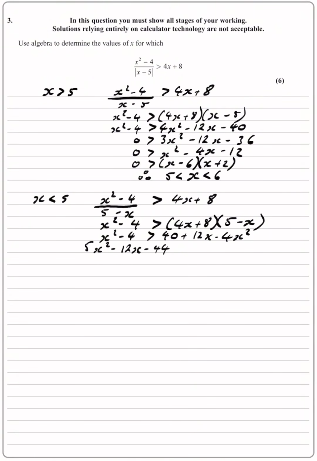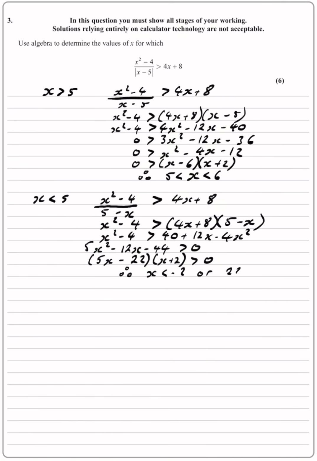Nice to have a positive coefficient of x squared if you can. And this factorizes quite nicely as well. Fine if you use the formula, it's not a problem. 5x minus 22 and x plus 2 is greater than 0. Therefore, x is going to be less than minus 2 or greater than 22 over 5.